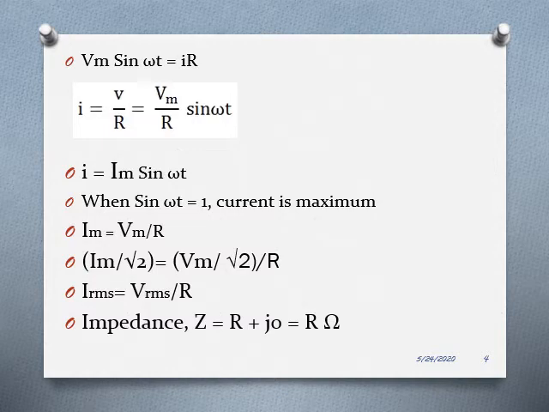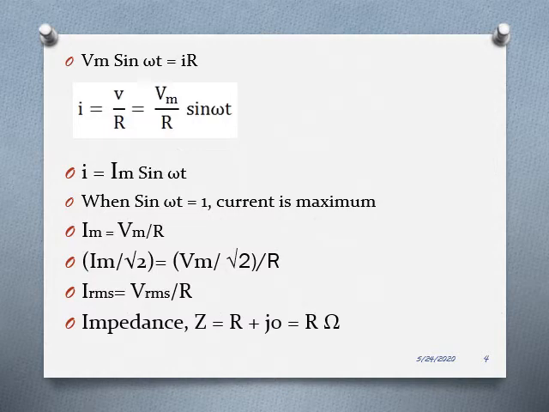Now you get the maximum value of current Im is equal to Vm by R when the current is maximum at the condition omega t is equal to 90 degree. That is, sin omega t will become 1. That is how you get Im is equal to Vm divided by R.